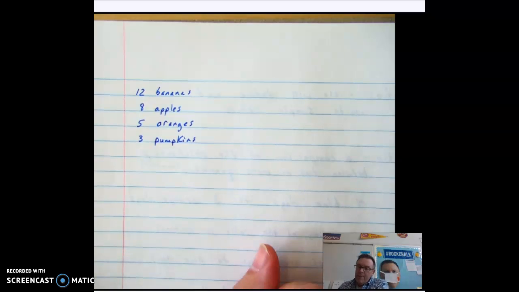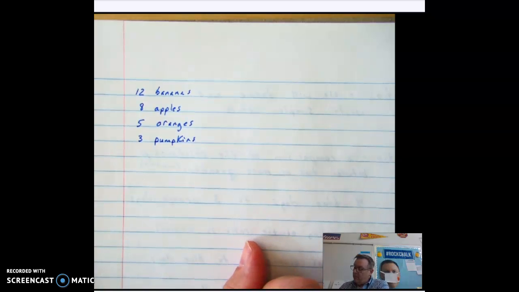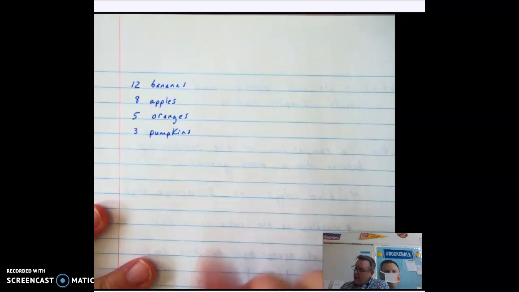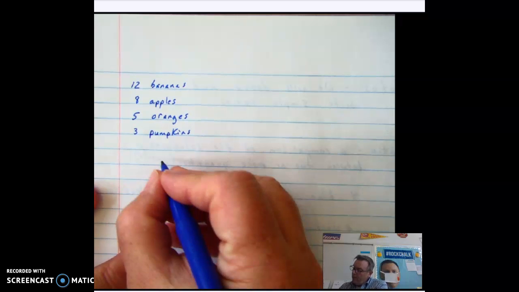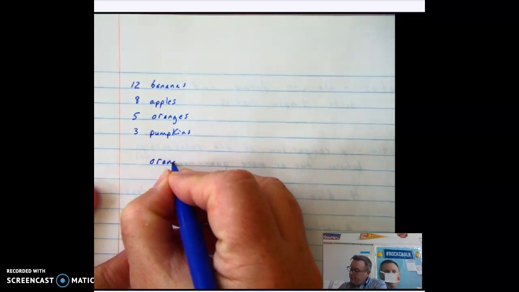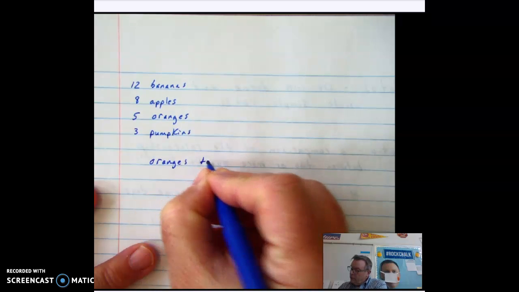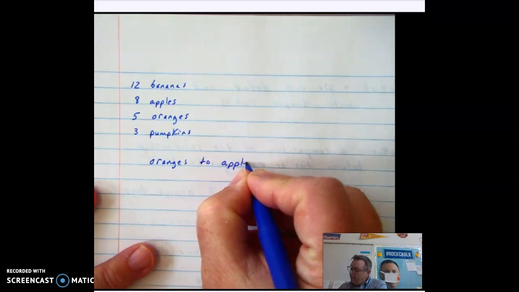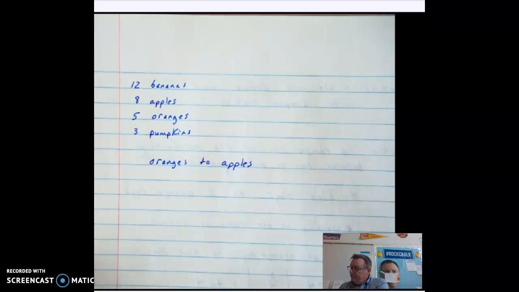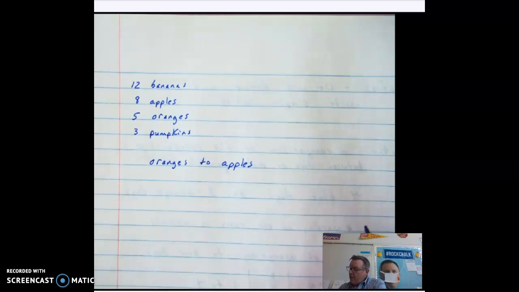Now let's talk about a comparison of the relationship of them. So let's say that I want to do oranges to apples. Okay. So now I check my wording really carefully.